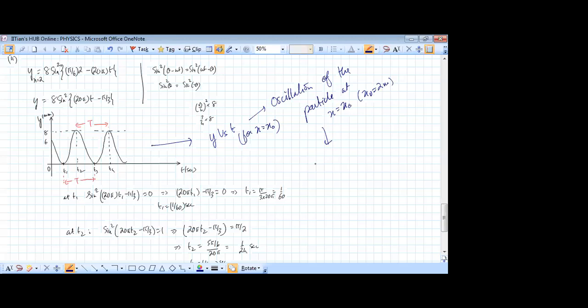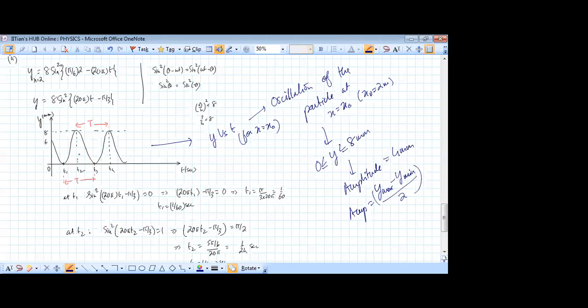That oscillation is showing you that it is oscillating between 0 and 8 millimeters. So that means the amplitude of oscillation is equal to 4 millimeters, because amplitude is always equal to maximum value minus minimum value, that range ka half.